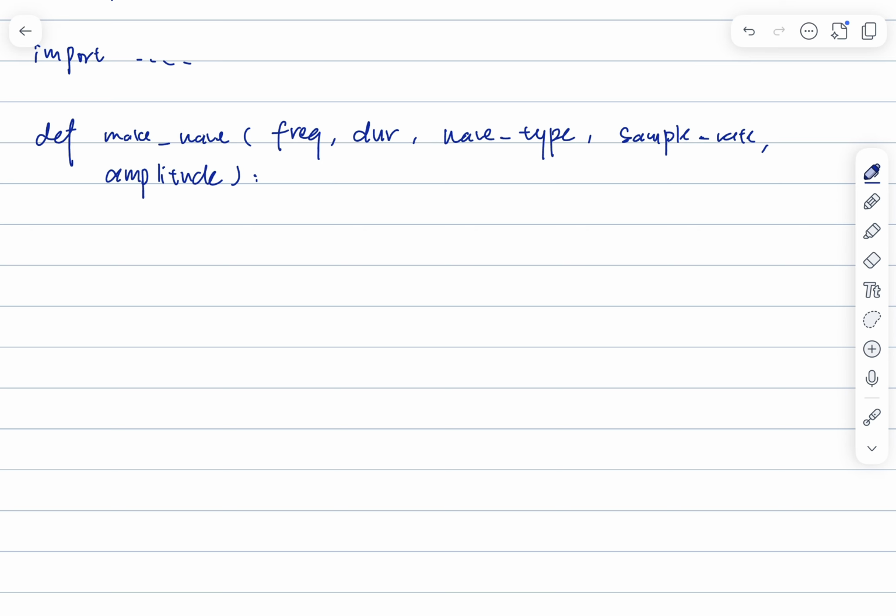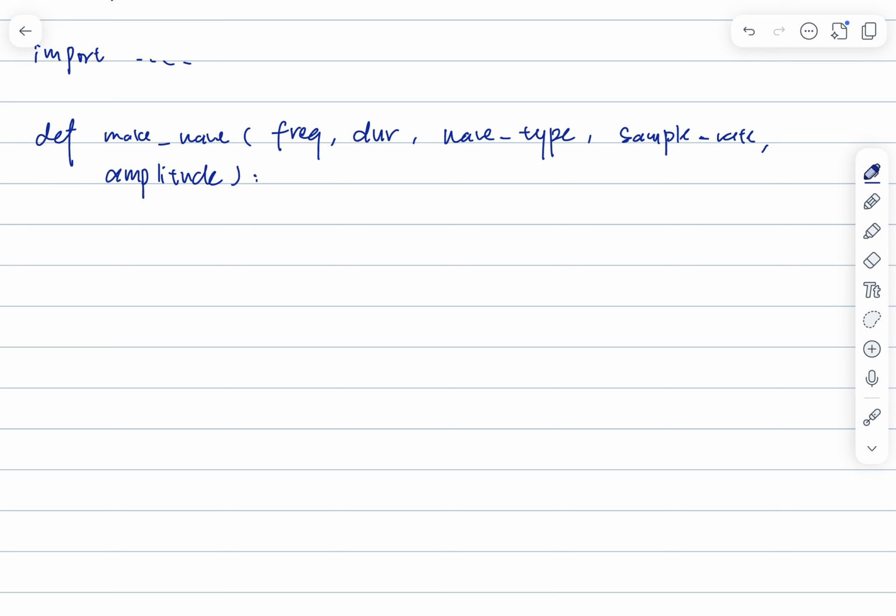I believe this is what it does, but I could be wrong. Let me check to make sure that's correct. Then we're going to give it a few components: duration, then int(sample_rate times duration), and then endpoint is going to be equal to False.